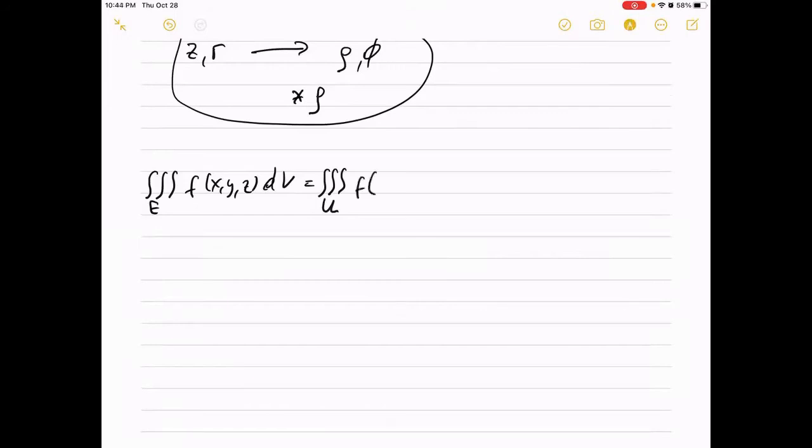Now we have to have our function. We have x, y, and z, but we need to switch to spherical. So instead of x, we're going to write rho sine phi cosine theta. Instead of y, we're going to write rho sine phi sine theta. And instead of z, we're going to write rho cosine phi.